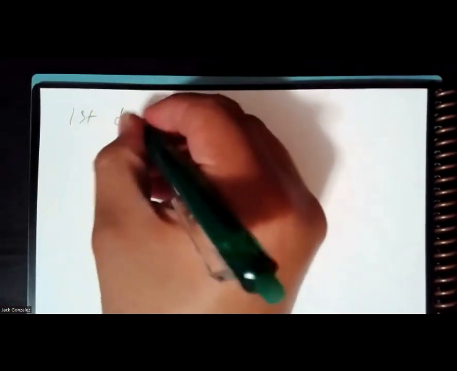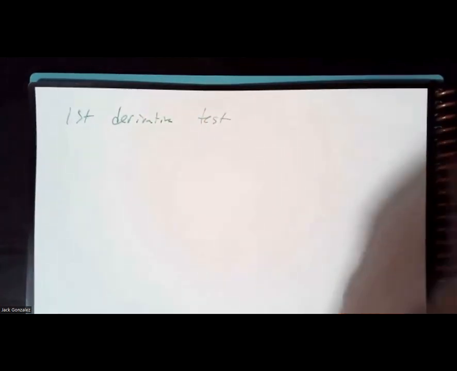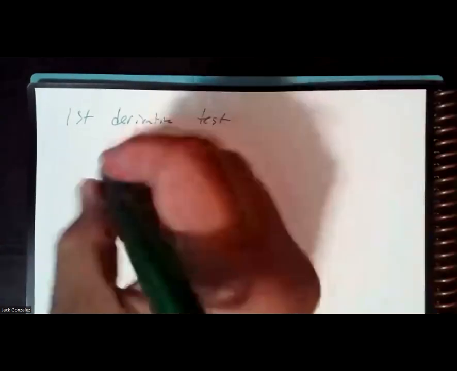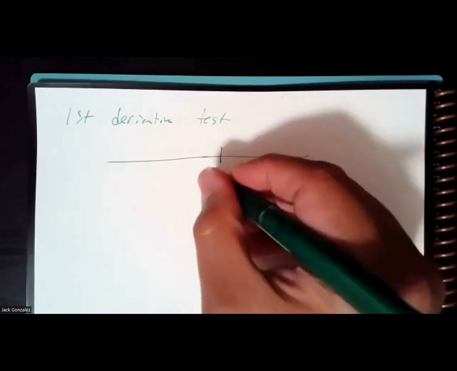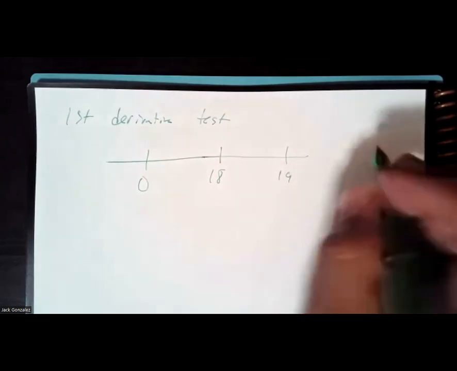I'll go ahead and do the first derivative test just because we're still learning it. So test around 18. I'm going to choose 0 and, I don't know, 19.